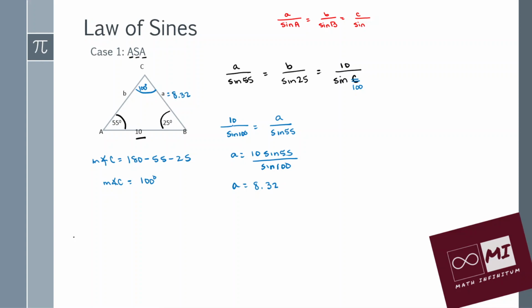Okay? Now, if this was a right triangle, we could use Pythagorean theorem at this point, but it is not. So now I'm going to set that 10 over sine of 100 next to the ratio with side B. And I cross multiply.